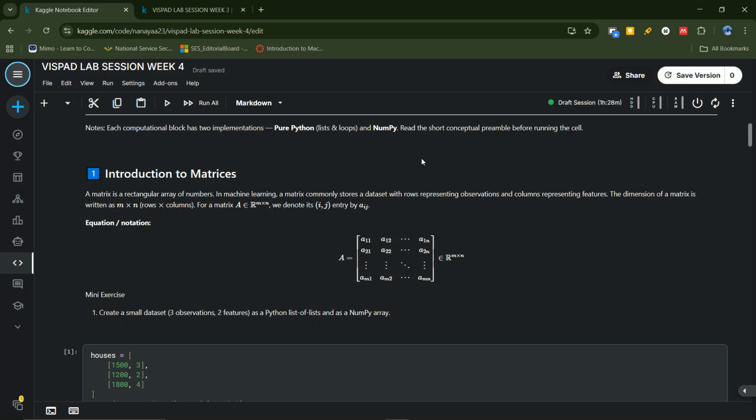So when you have a data set in machine learning, it is usually a comma separated value file, or an Excel sheet.